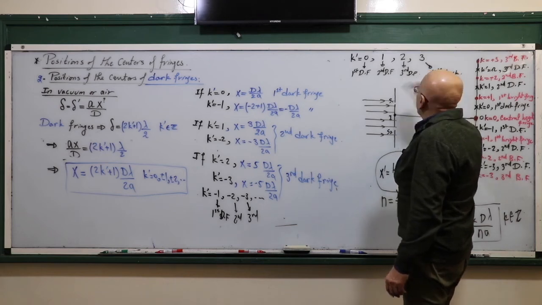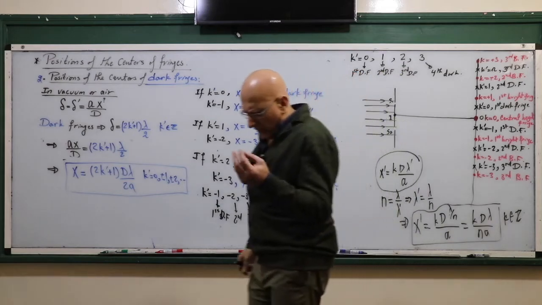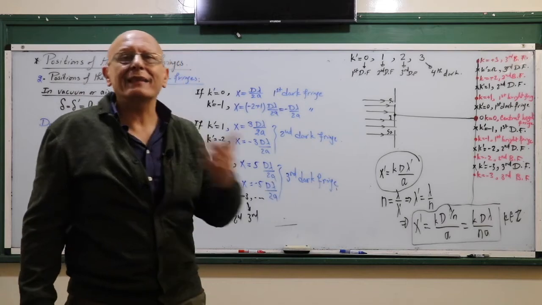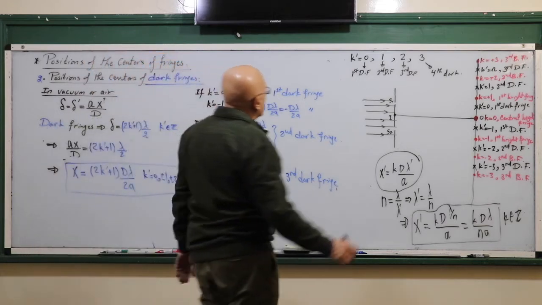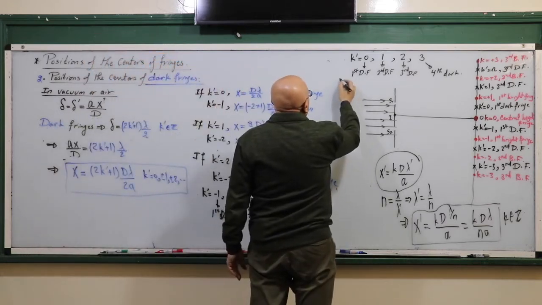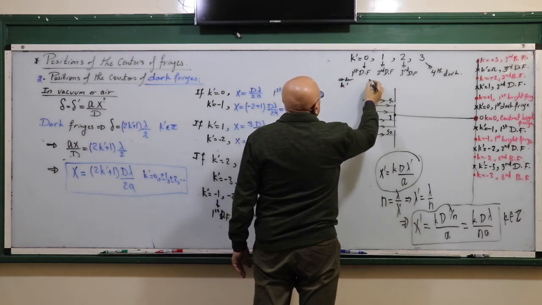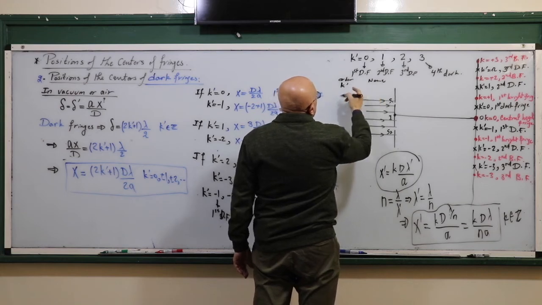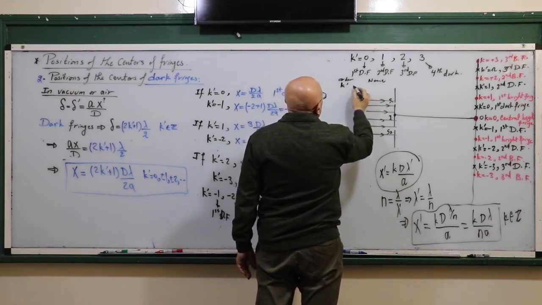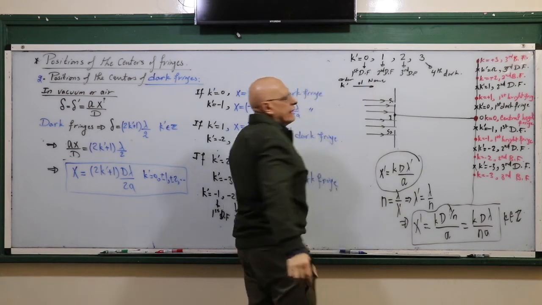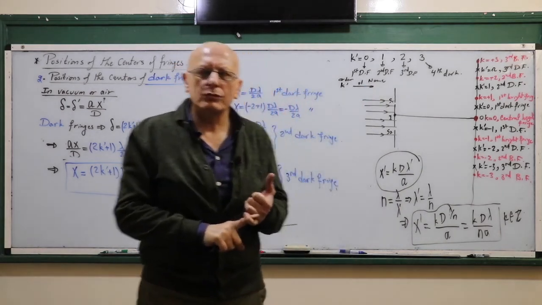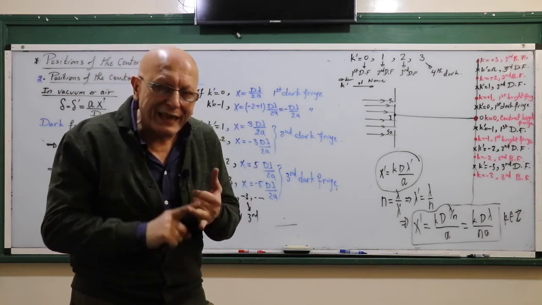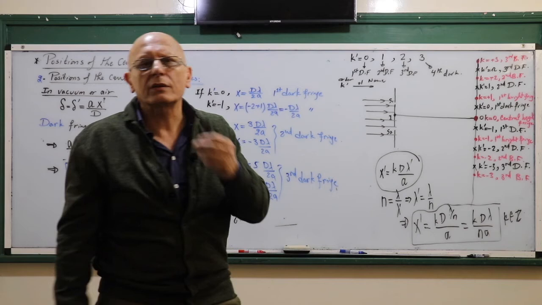What does this mean? This means that there is a difference of 1 between the order and the name of the fringe. Okay? If this is the K prime order, this is the name. From order to name, I should add 1. If I say K0, the name is first dark. K1, name second dark, and so on.